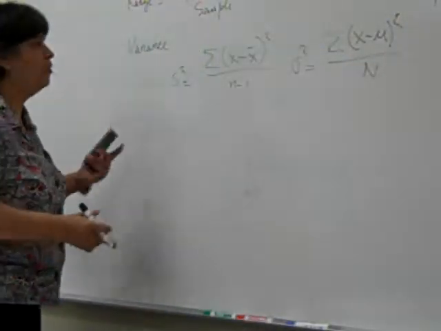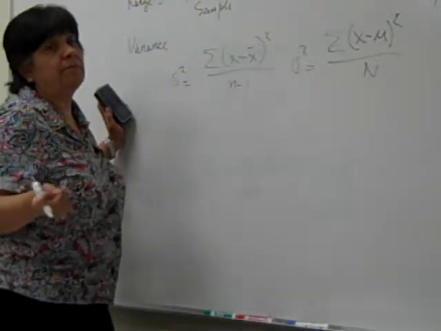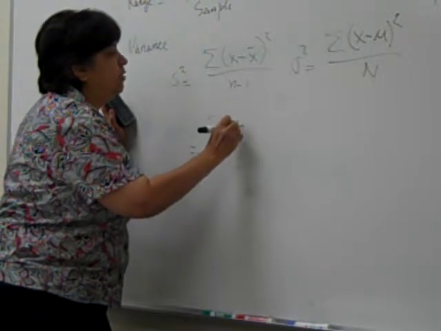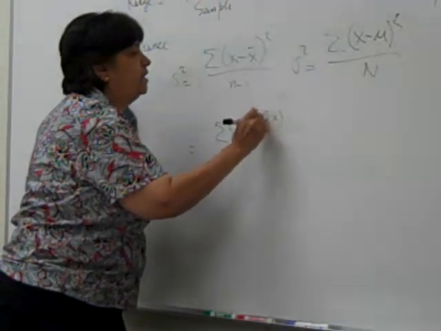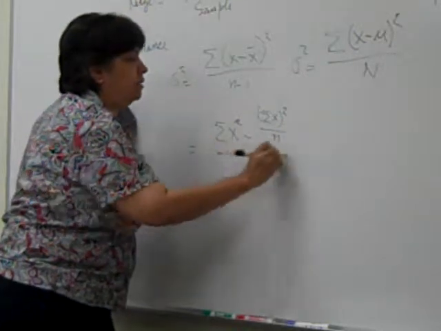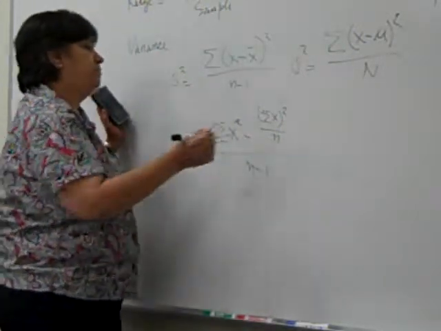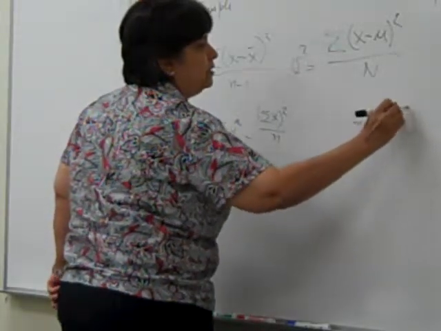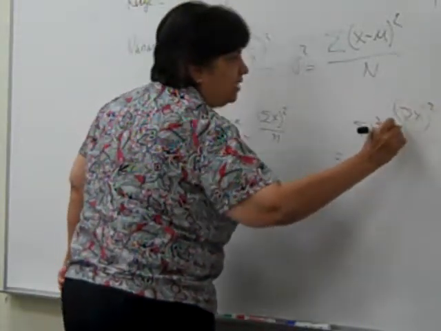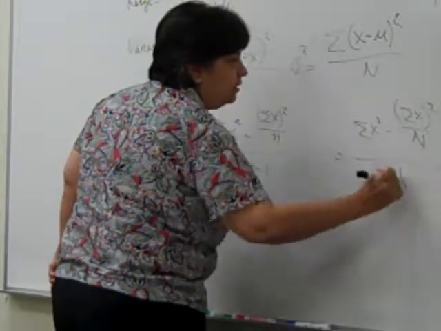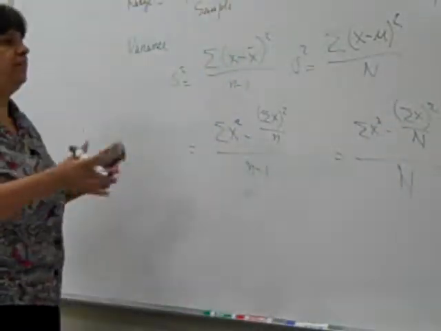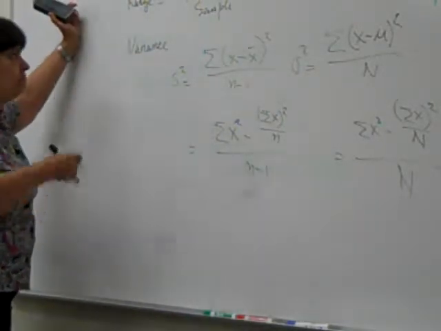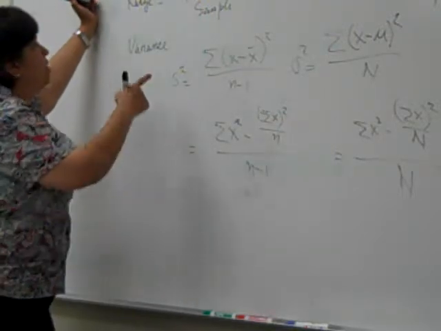You can use other formulas that are in the book that are probably easier, such as the summation of x squared minus (the summation of x) squared divided by n, all over n minus 1, or this one, the summation of x squared minus (the summation of x) squared divided by n, all over n. I mean, these formulas are exactly the same, but they give you a different perspective.